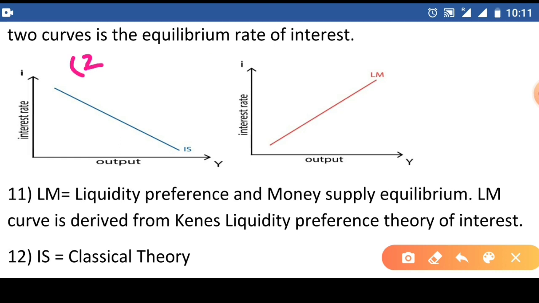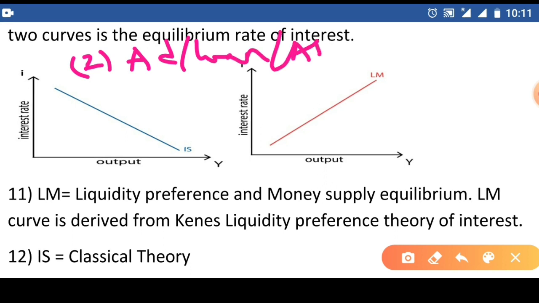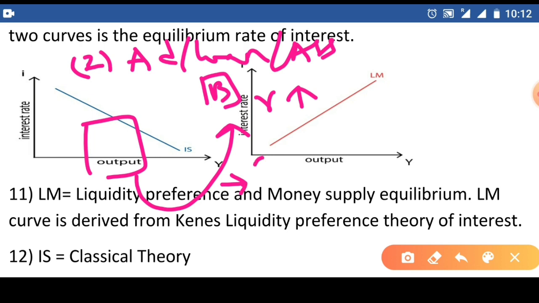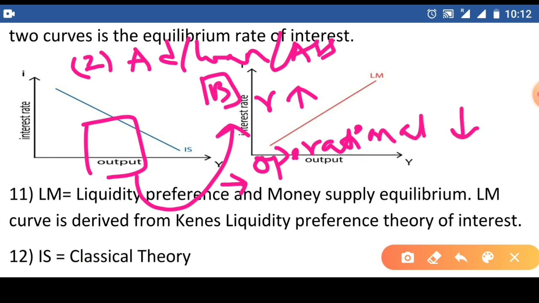Second, we will discuss the rate of interest with advances, loans or assets. For example, there is a company and a bank. If the rate of interest increases, this company has to pay more to the bank, so the company's operational cost increases and the profit decreases.